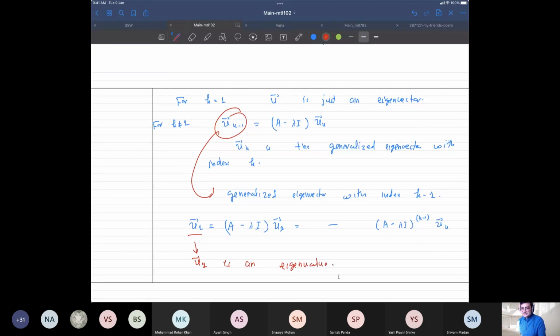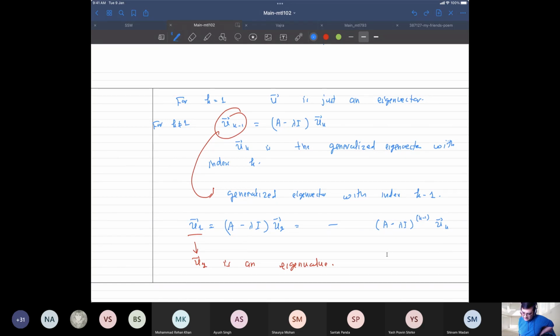Is this discussion clear so far? So how is this V1 an eigenvector? Oh, it's very simple. First thing you have to note is that this is not 0.